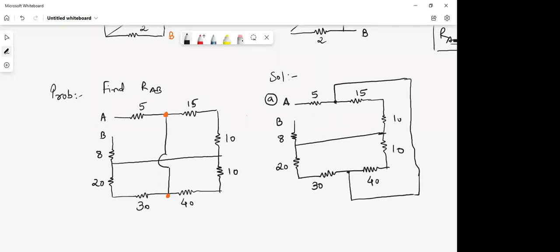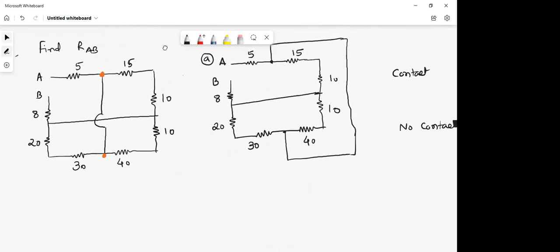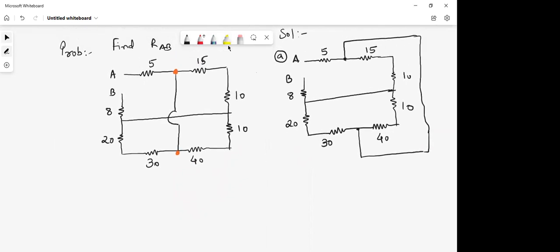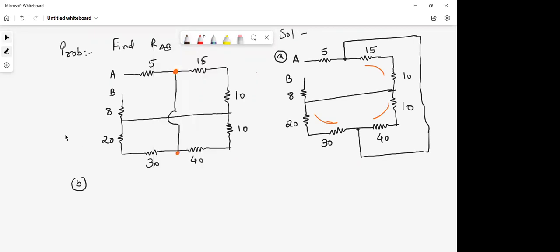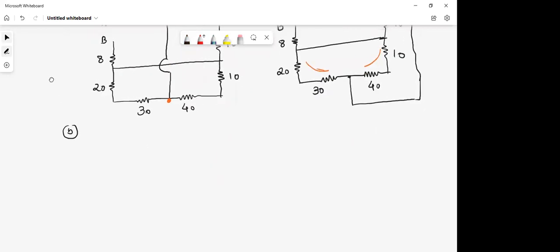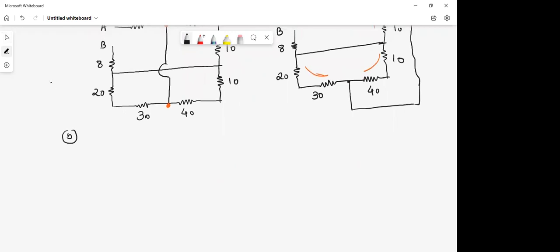Yes, Shreya, your answer is correct. Now, just ask if there is anything in series. Yes, you can find something in series. These 2 are in series, these 2 are in series, and these 2 are in series. And hence, our circuit will be further simplified.